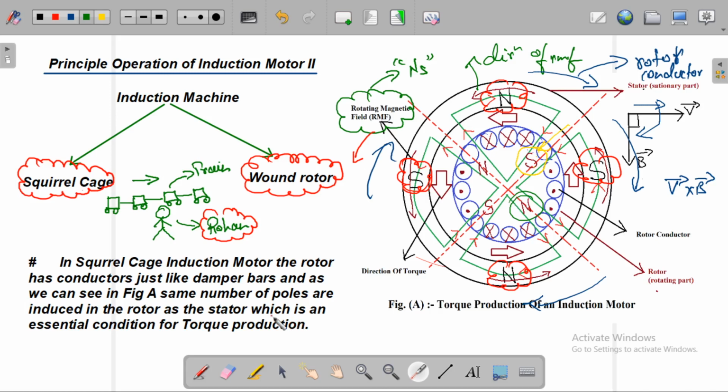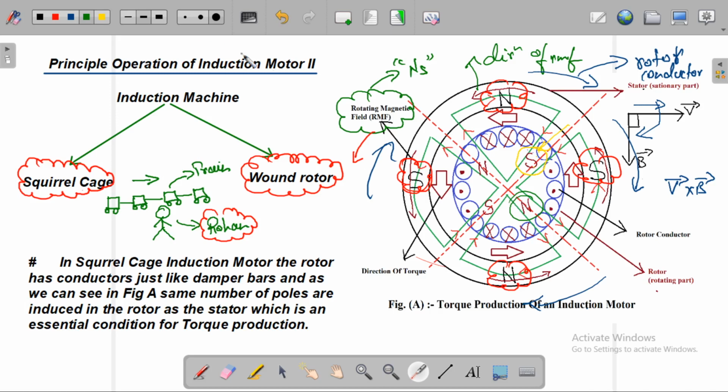So my dear friends, always remember these points and keep them in your mind: for any induction motor, what condition is essential for torque production? That is, the same number of poles are induced in the rotor as the stator, which is an essential condition for torque production.